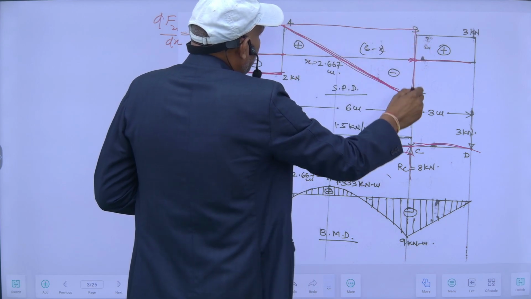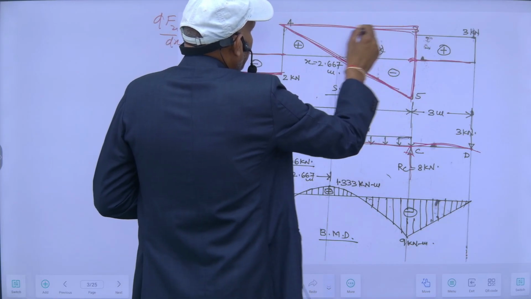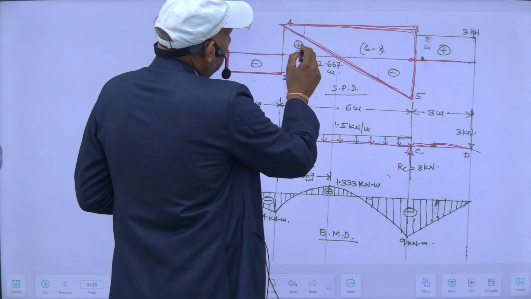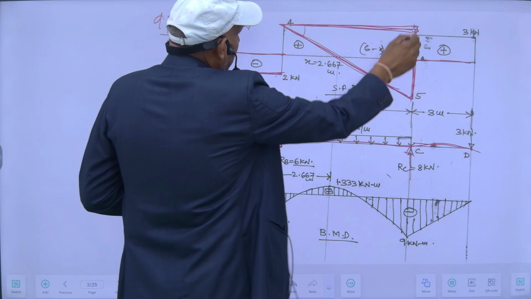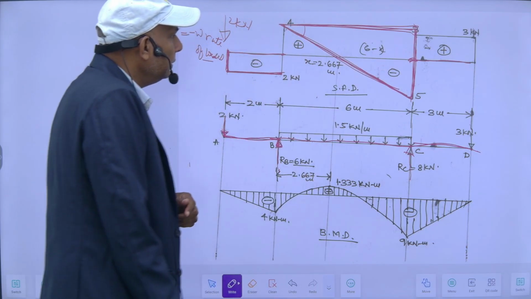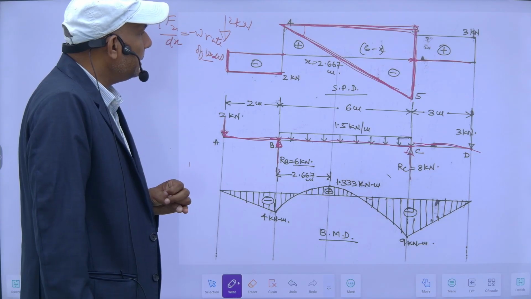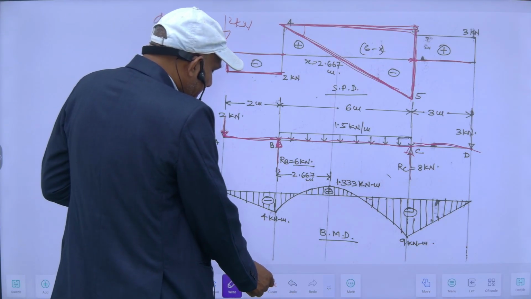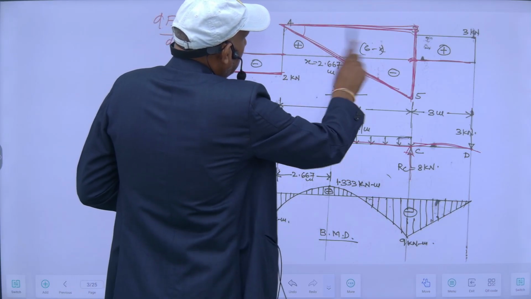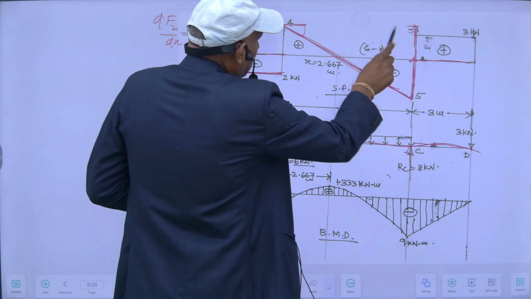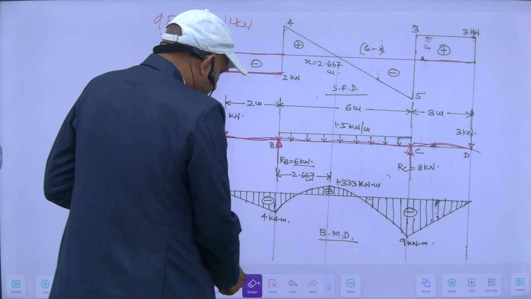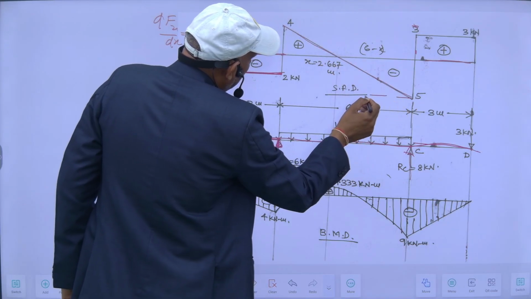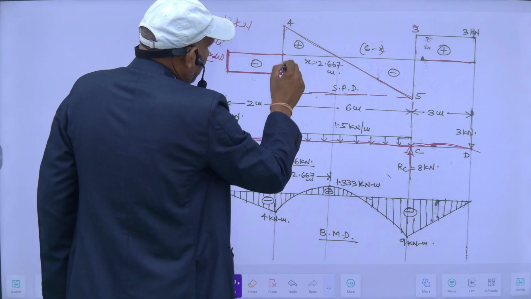If I meet this 4 kilonewton with the horizontal line, let's draw a horizontal line and draw a vertical line.